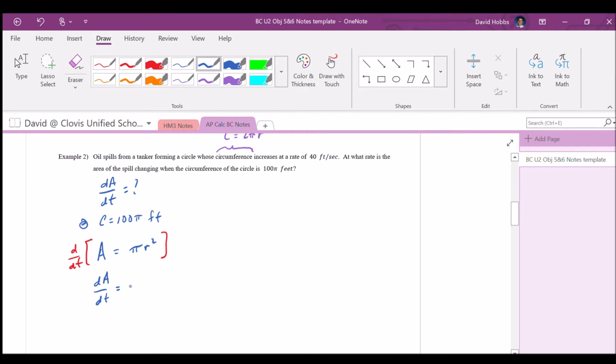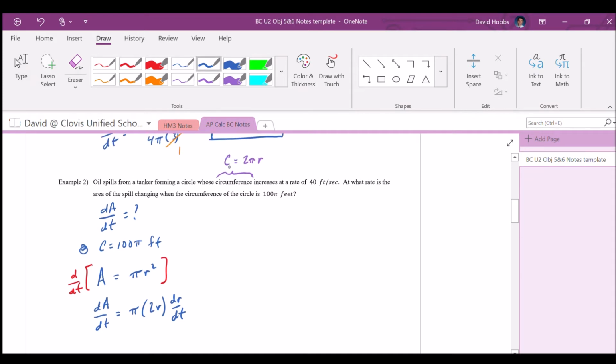And over here I've got pi times 2r times dr/dt. And at this point now, I'm happy because I can see the dA/dt, but I'm also sad because I don't know the length of the radius at that particular moment, because they told us circumference, and I don't know the dr/dt either. Well, we do know that circumference is 2 pi r. So 2 pi r equals 100 pi.